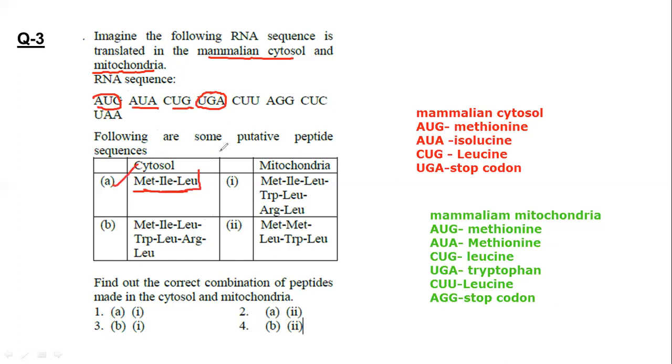Now for mitochondria, AUG codes for methionine, AUA also codes for methionine, and CUG codes for leucine.